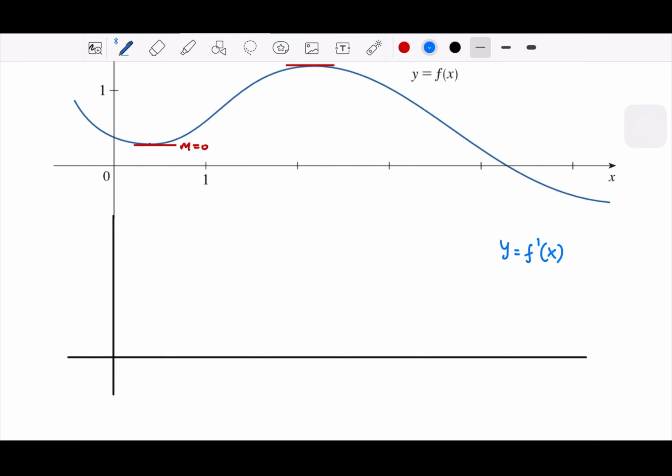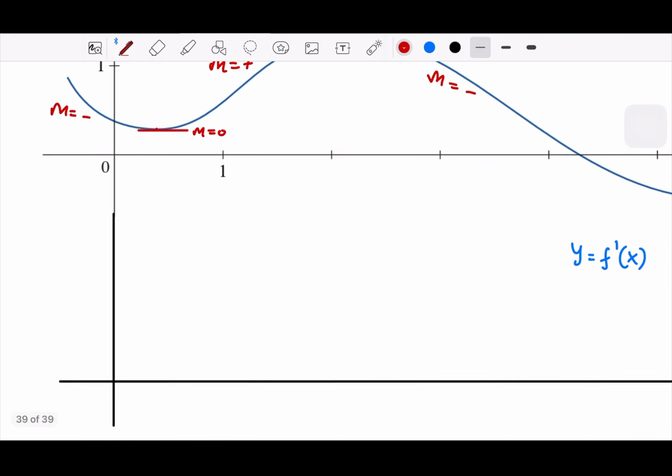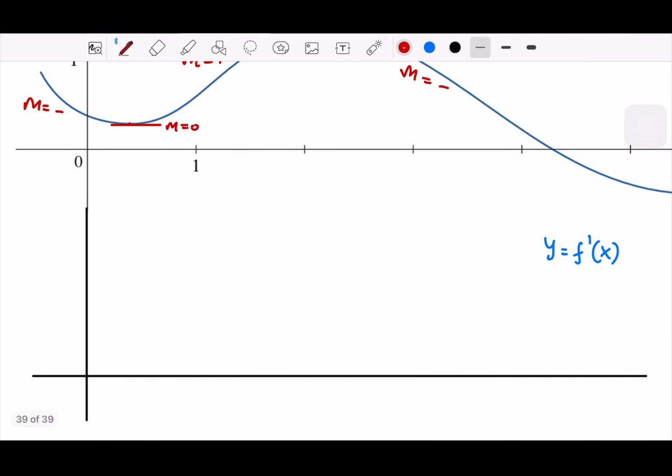Or maybe let me add, this is m is negative. Let me just write that. m is positive, m is negative. Just to show you the slope signs. Okay. Now we would like to draw this.